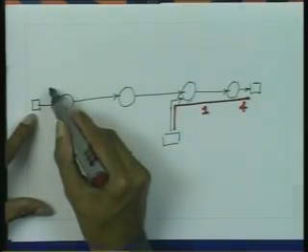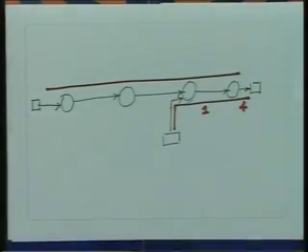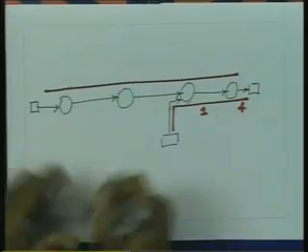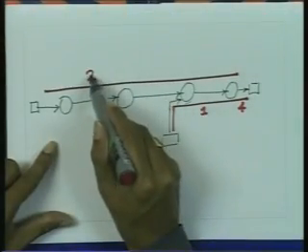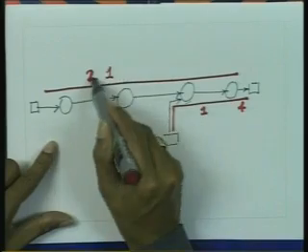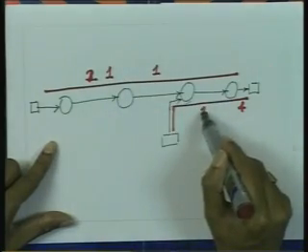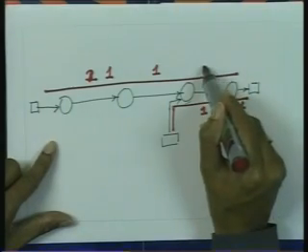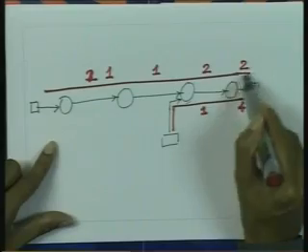Similarly, if a virtual circuit has to be established from here to here, it might have been allotted, let us say, 1 on this link, but since 1 is already used by the other virtual circuit, it could be 2 on this, and it could still be 2 on this link.